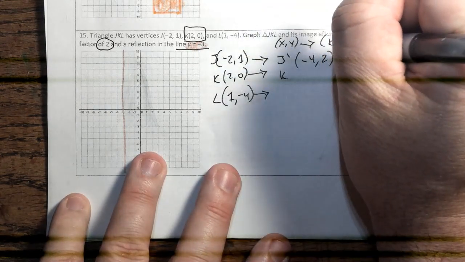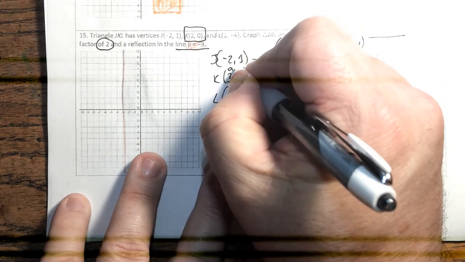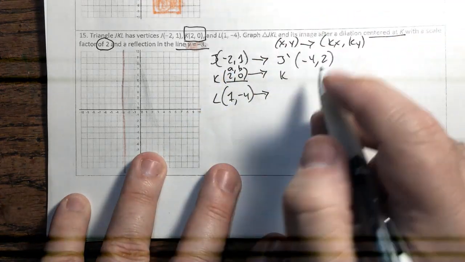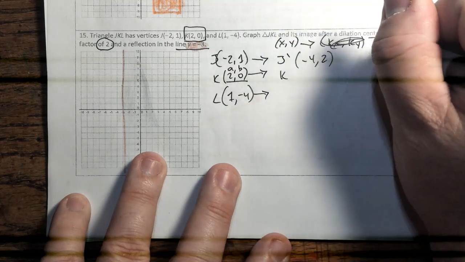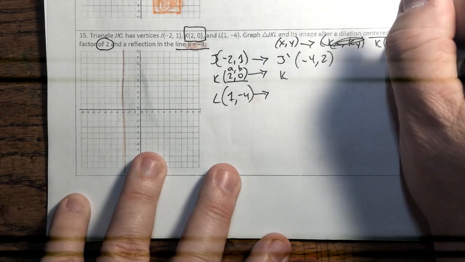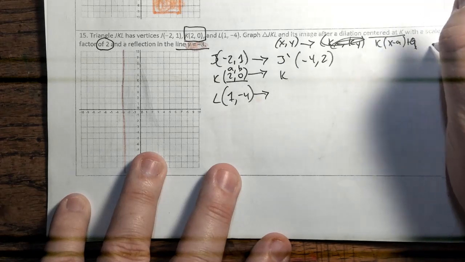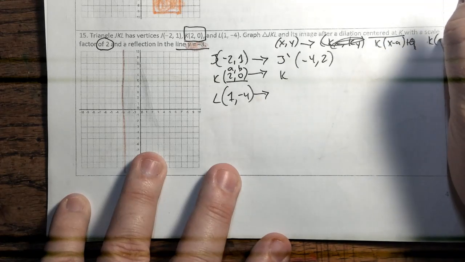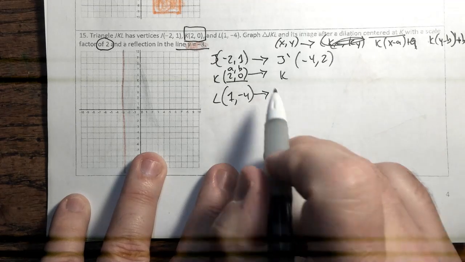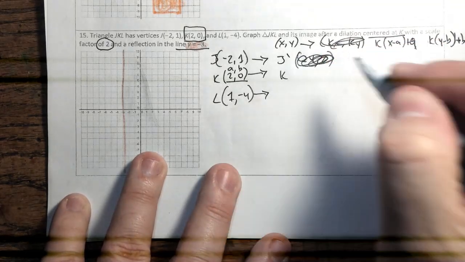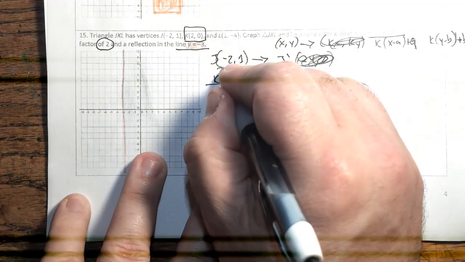So this is our A, B, because we've got to go, it's going to be k times x minus a plus a, and then k times y minus b plus b. So scratch that out. We know this stays the same.